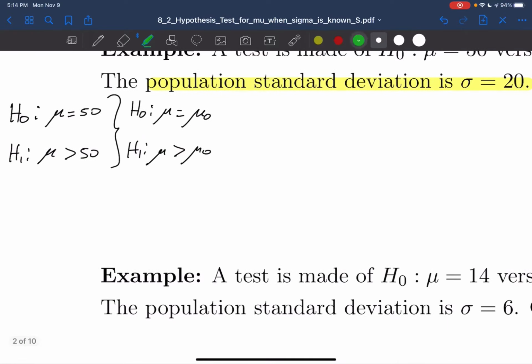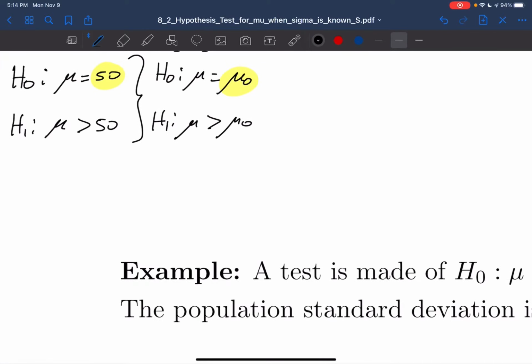Here, our mu naught is always going to be the value of what we're testing, which is 50. Let me put this in red. We have mu naught is equal to 50.